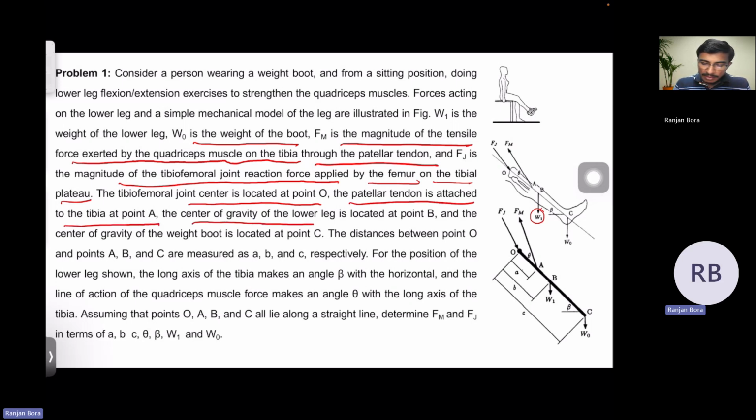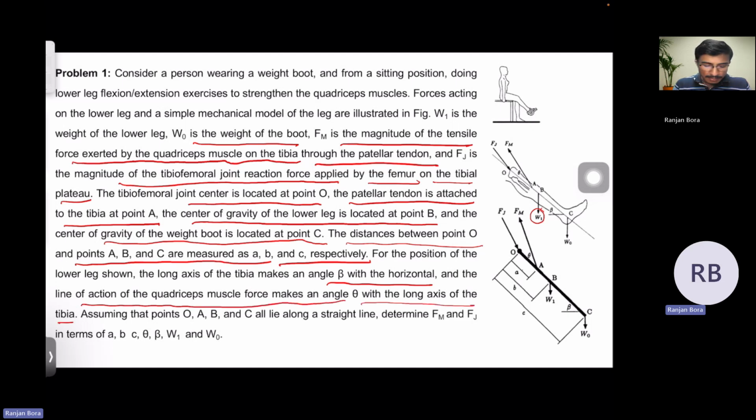The center of gravity of the lower leg is located at point B, and the center of gravity of the weight boot is located at point C. The distances between point O and points A, B, and C are measured as A, B, and C respectively. For the position of the lower leg shown, the long axis of the tibia makes an angle beta with the horizontal, and the line of action of the quadriceps muscle force makes an angle theta with the long axis of the tibia.